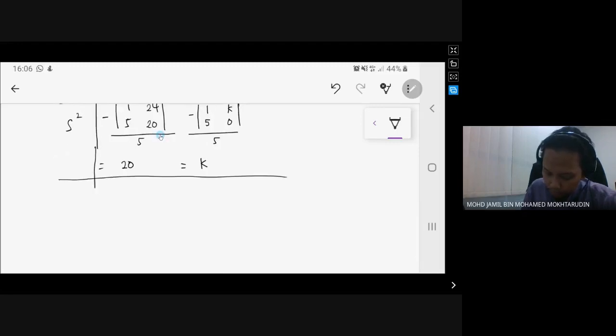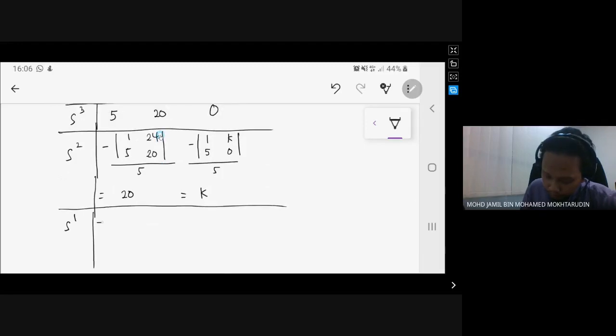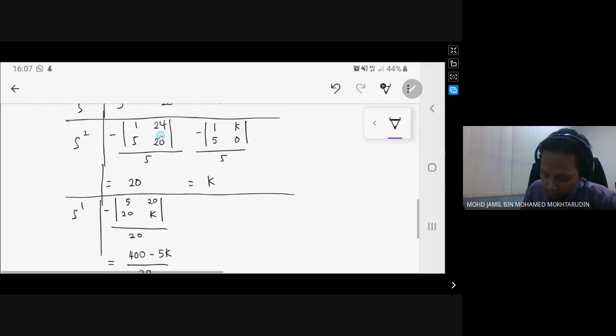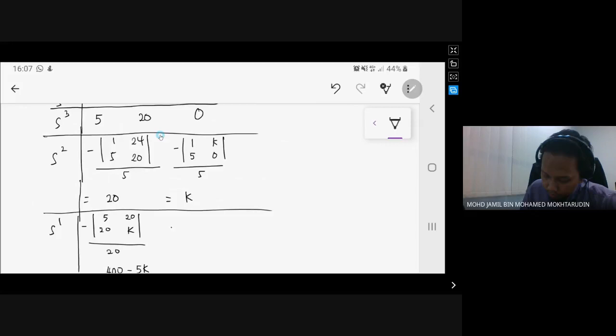And then for S1, so here 5, 20, 20K over 20. So you will get 400 minus 5K over 20. And here you will get 5, 20, 0, 0.